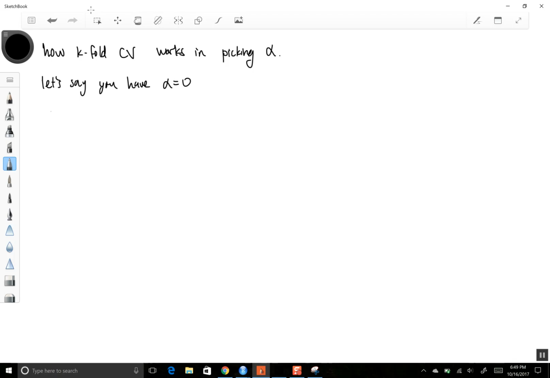Then we'll have 9/10 for our training data, and the last 1/10 for our test data. With our training data, if alpha is equal to 0, then the best tree is going to be T0.